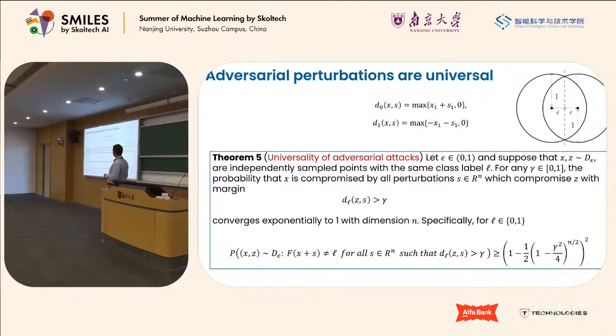This is what theorem 5 says. All perturbations which destabilize this random point will also destabilize another random point with probability close to 1 when the dimension grows.